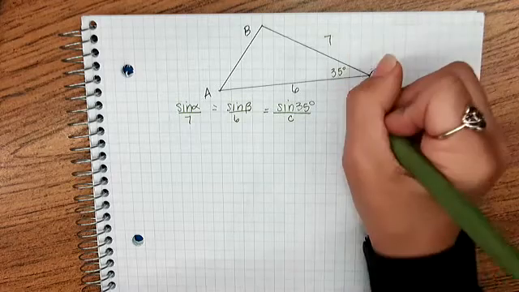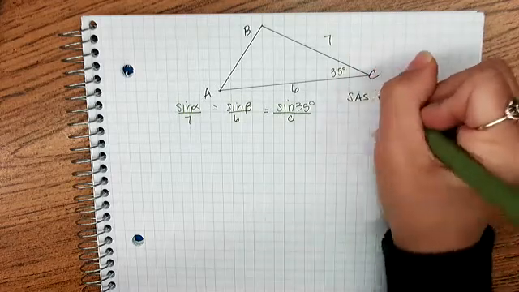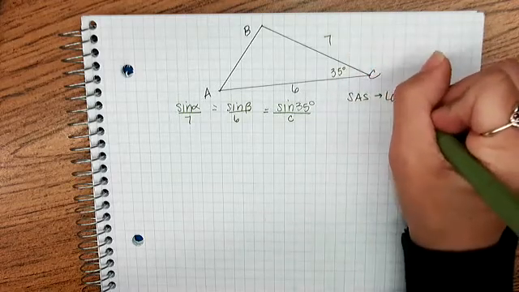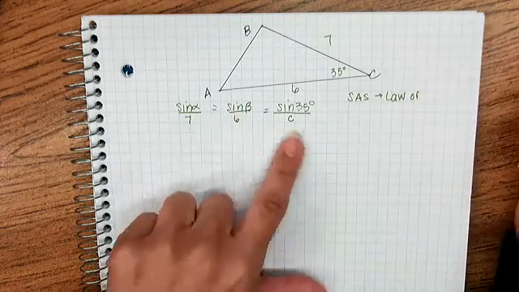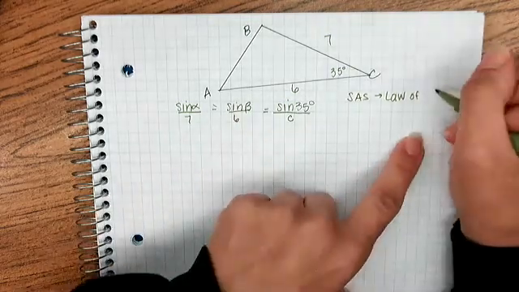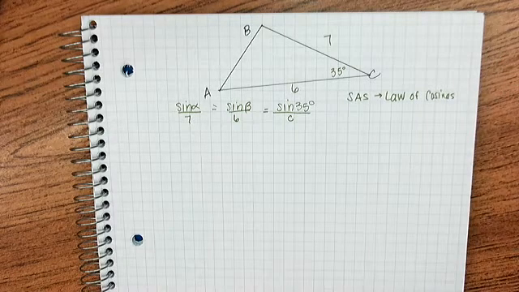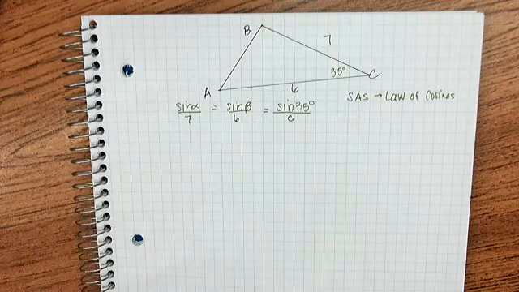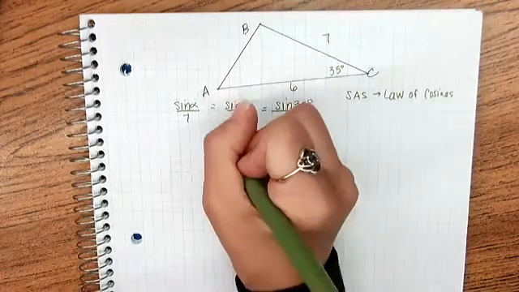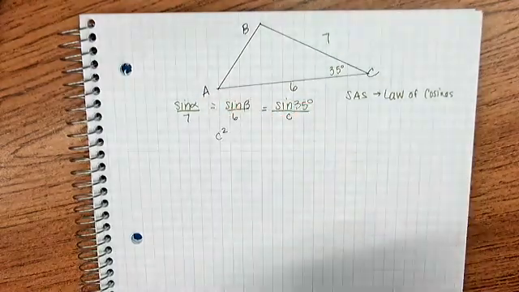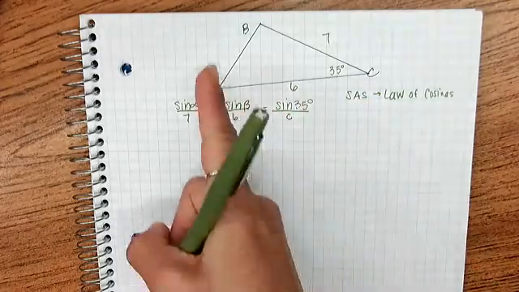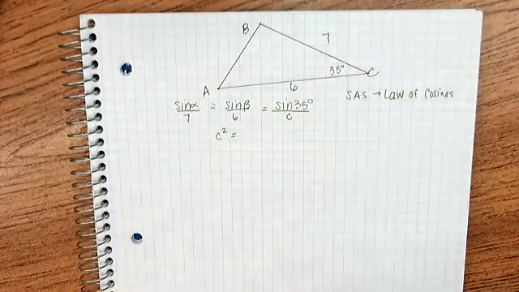This is the side angle side case, so I need to use the law of cosines. And if you're not sure about that, write it out like I just did, and hopefully you'll see, oops, I don't have a complete fraction. So I have to solve by finding side C first. If I want to find side C, that's opposite gamma, and I know gamma.